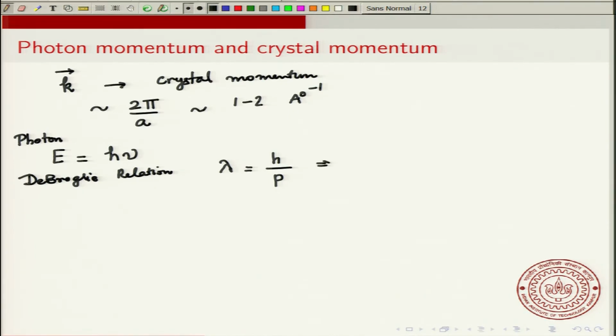So this implies that the momentum of the photon is Planck's constant divided by the wavelength of the photon.